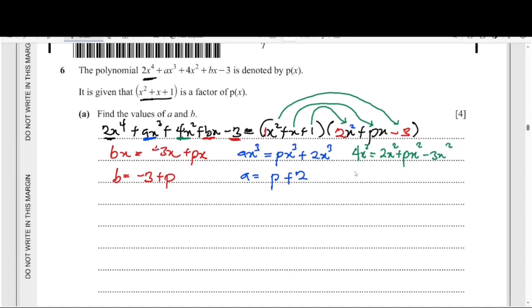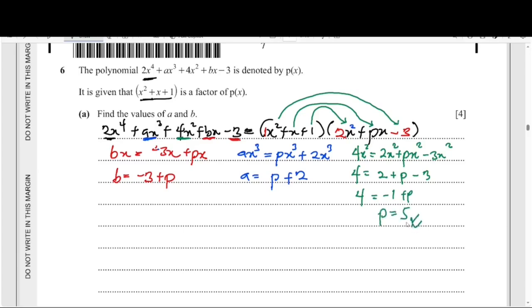Now dividing through by x squared, we have 4 is equal to 2 plus p and then minus 3. This will make it easier for us to solve for p in the last equation. So we have 4 is equal to negative 1 plus p. Then our p is equal to 5.